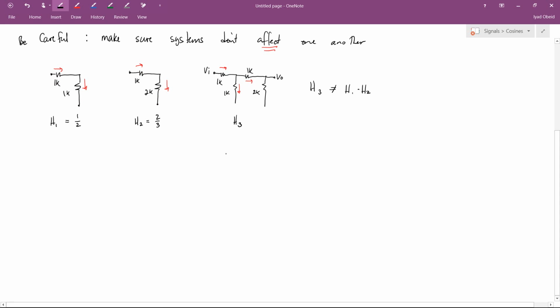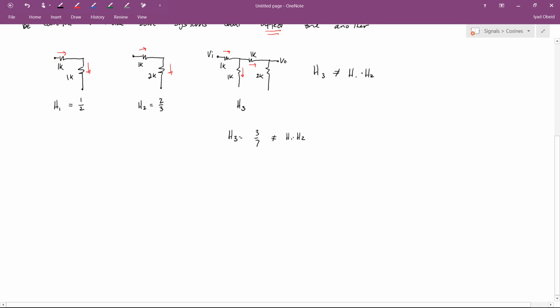If you do that, it works out that H3 equals, if my math is right, 3/7. H3, meaning the output should be 3/7 as big as the input, which is not the same as H1 times H2. Again, I got 3/7 by just solving the current and voltage equations and solving the system of equations. I'm not going to do that on the paper. Everyone should know how to do that, but that's how I got it. So that's one way of doing it.